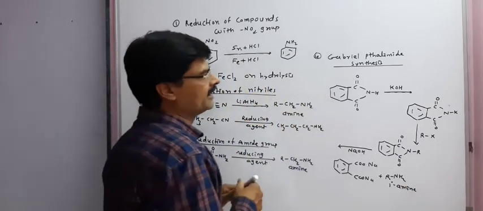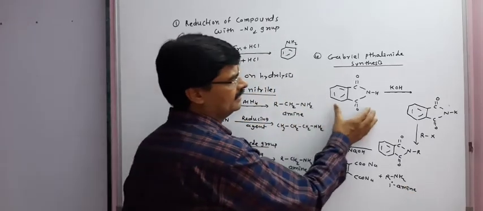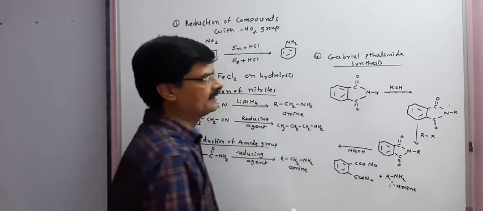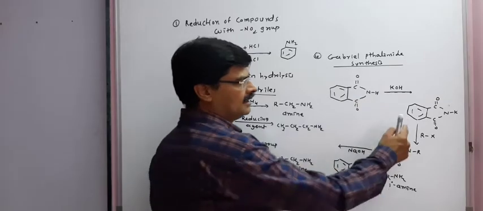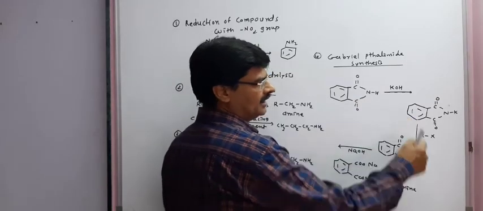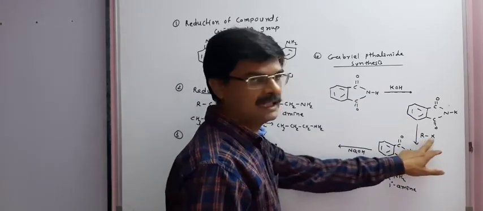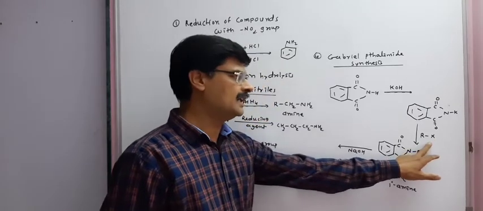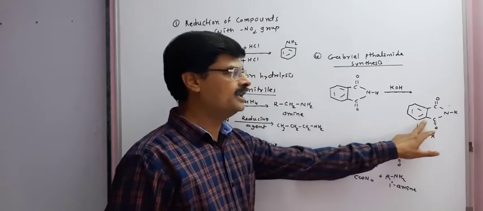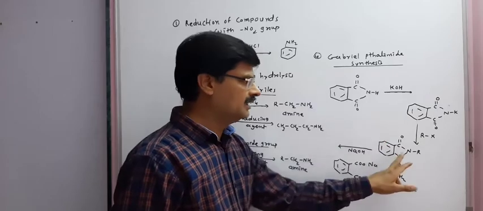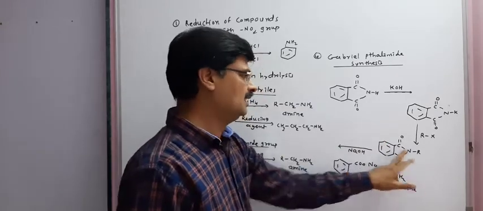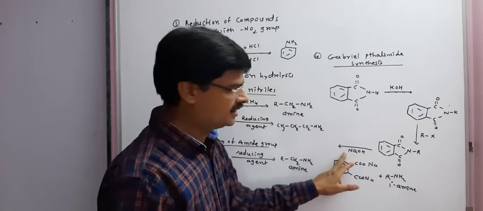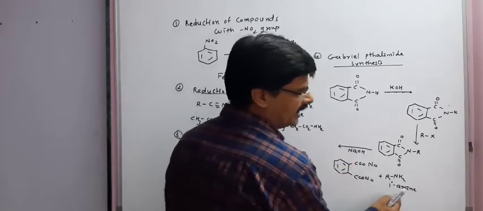So once more we revise Gabriel phthalimide synthesis. In it, phthalimide reacts with KOH. The product so obtained is treated with alkyl halide. The alkyl halide and this sodium salt of phthalimide give us a product having the R group, that is alkyl group, and on treatment with NaOH it gives us the primary amine.